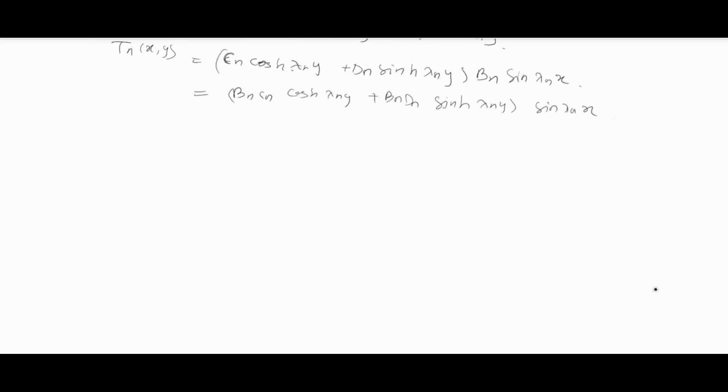Now what you will get? Let us take bn cn as pn, so pn cosh(lambda n y) plus bn dn as rn sinh(lambda n y), into sin(lambda n x), where pn is equal to bn cn and rn is equal to bn dn.